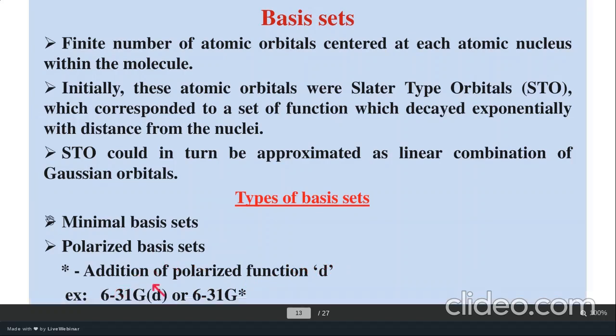The 6 shows that these are the Gaussian type orbitals. And here the 1 is the s orbital, which uses the 3 primitives, sp orbitals. Some basis sets are also like 3-21G and 4-31G. These are only combinations of Gaussian orbitals, s orbitals, and sp orbitals.